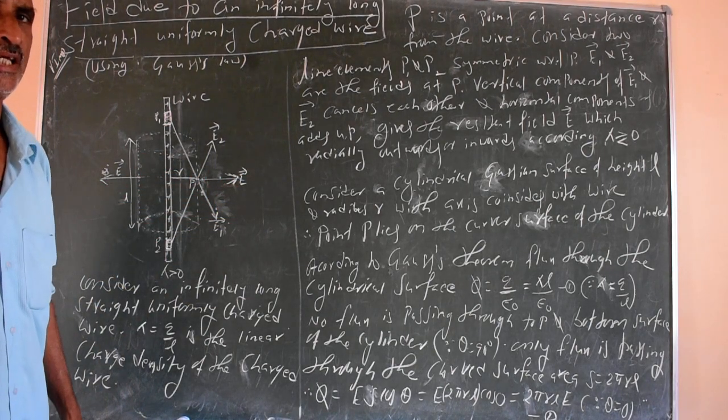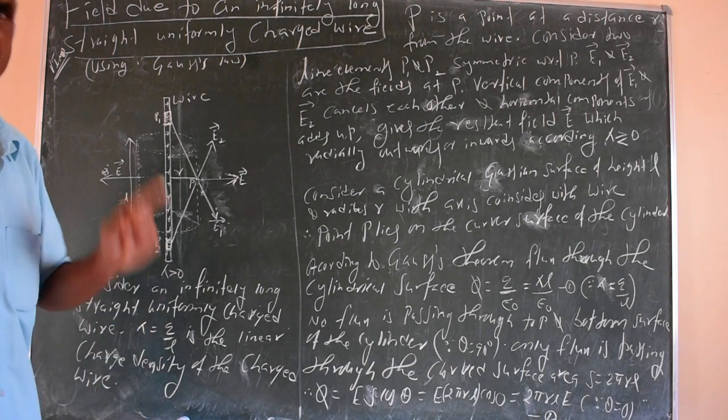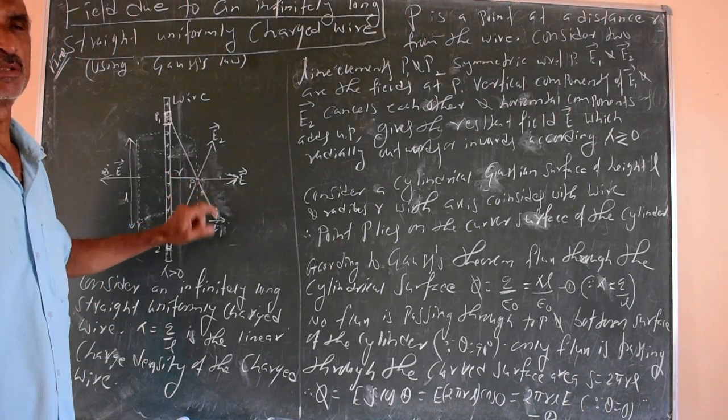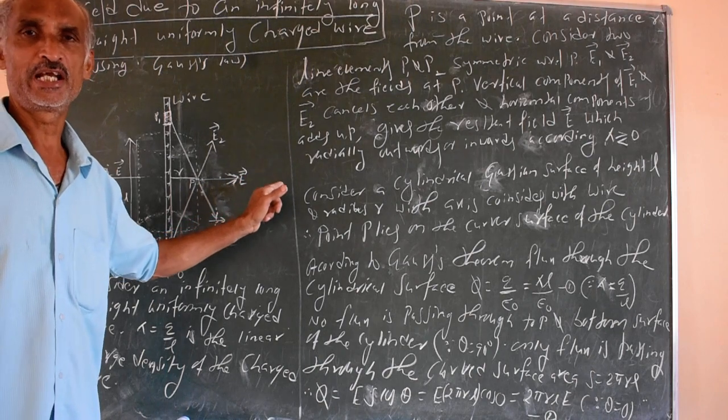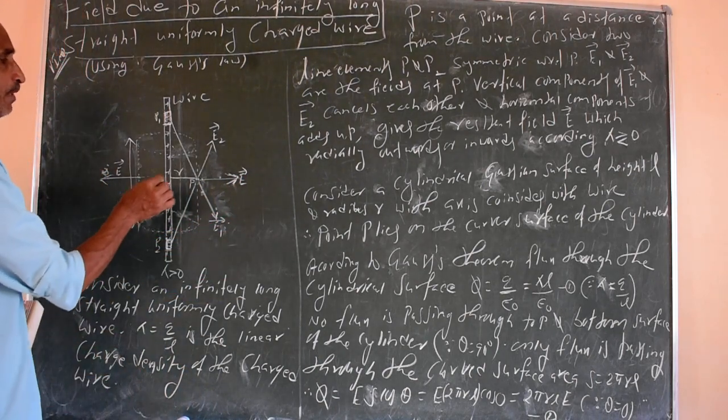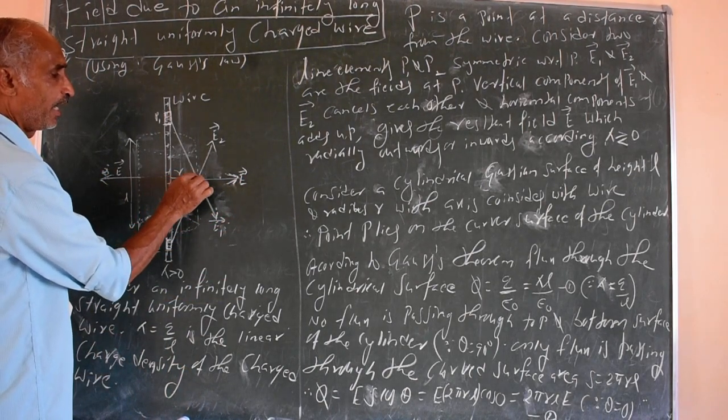Therefore, they add up to give the resultant field E bar, which is radial, along the line joining the wire and the point.